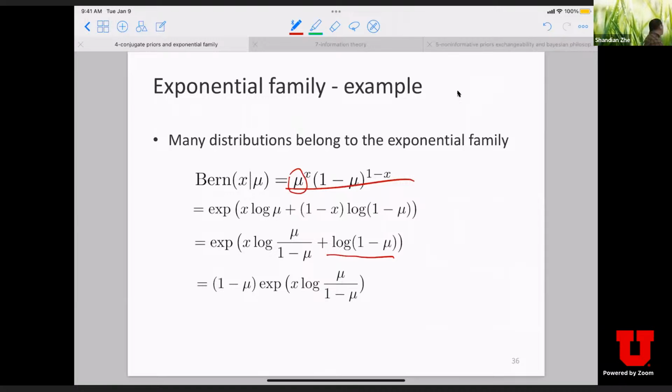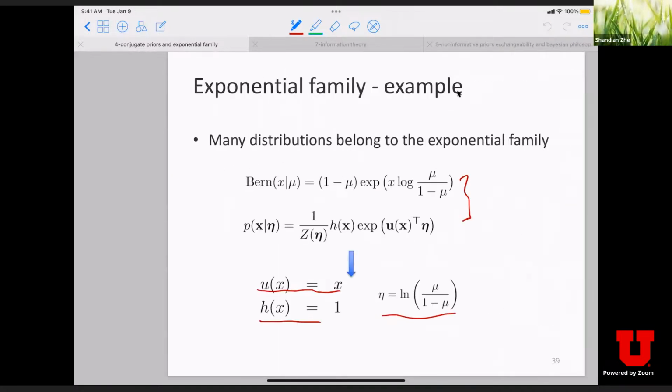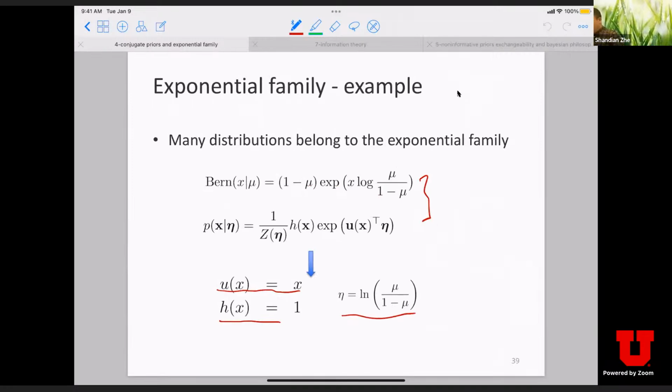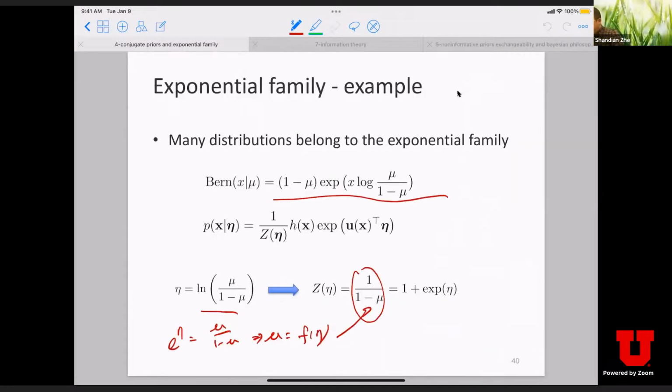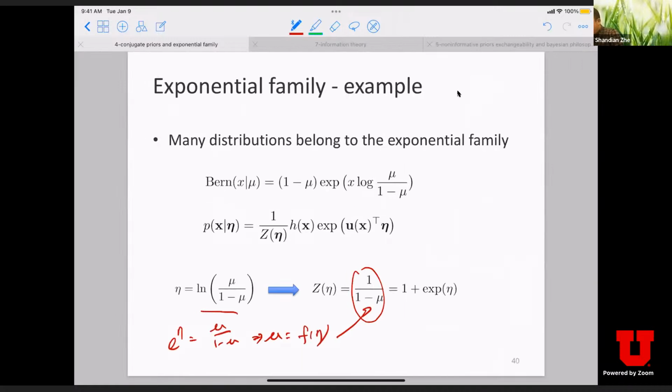It is represented by mu to the power of x times 1 minus mu to the power of 1 minus x. It's parameterized by this mean parameter mu. But when we convert it to the exponential family, you represent the whole distribution in terms of the natural parameter, and your normalizer function is also in terms of the natural parameter.